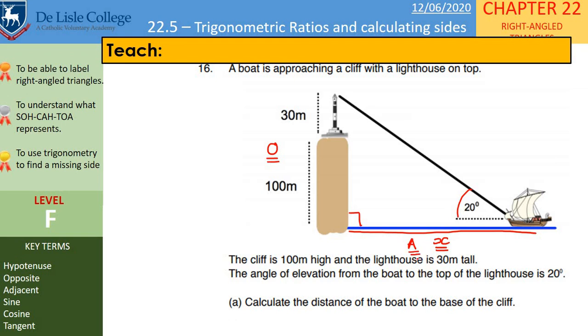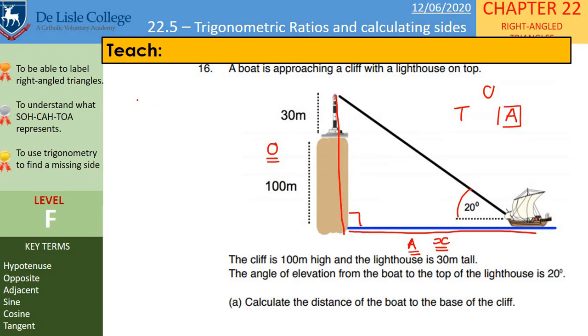Okay, so we know we're doing something that involves opposite and adjacent, and we should know that's TOA. Now, if we're looking for the adjacent, well, we can get rid of the hypotenuse or we can put something around it, that's what we're trying to find, so we're using these two. So we're doing the opposite over tan angle. Now the opposite is a combination, this side, look, if we draw a straight line down here, is the total height of the cliff and the lighthouse.